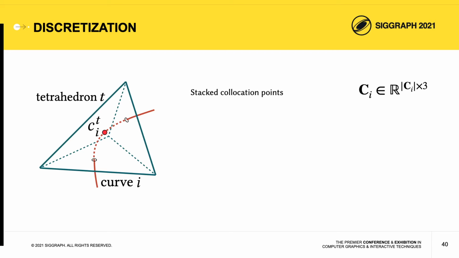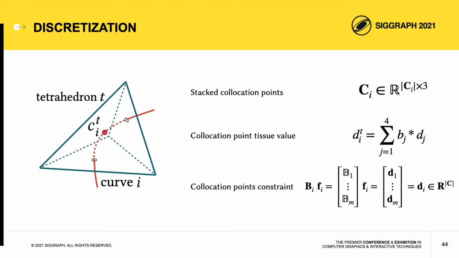For each curve, we stack all collocation points in a matrix and compute the tissue value for each collocation point by interpolating values at control points. We use barycentric coordinates to compute the tissue value for each collocation point based on the tissue values at the vertices. So d_i^t here is the tissue value for the collocation point c_i^t. B_j is the barycentric coordinate of the collocation point with respect to vertex j, and d_j is the tissue value at vertex j.